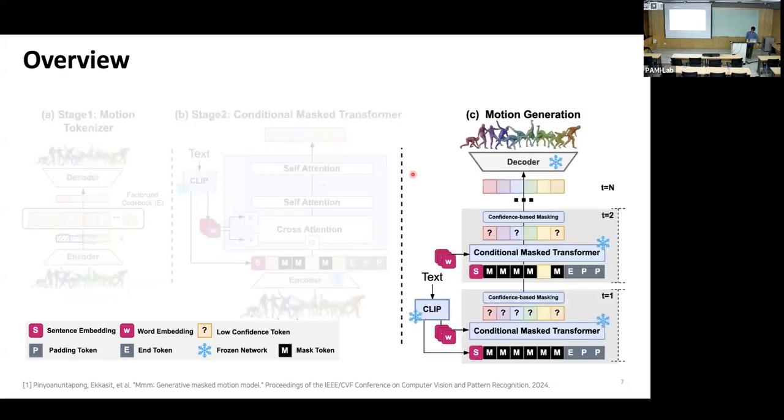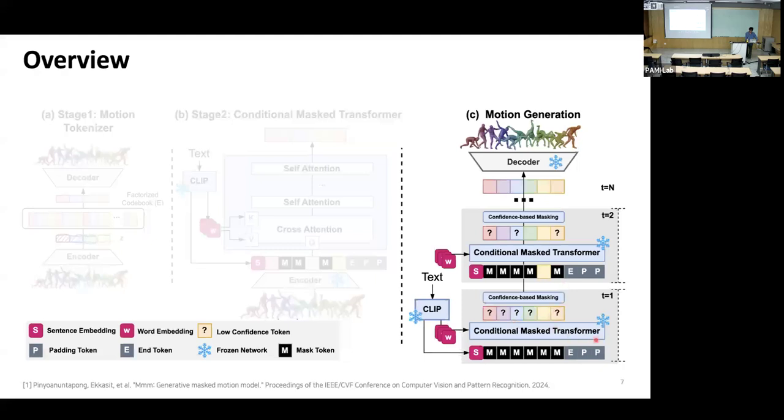So once training the VQ-VAE and the transformer, they iteratively generate the motion tokens from the mask tokens. And note that this is not an auto-regressive model. The model uses a parallel decoding strategy for generating the motion tokens.